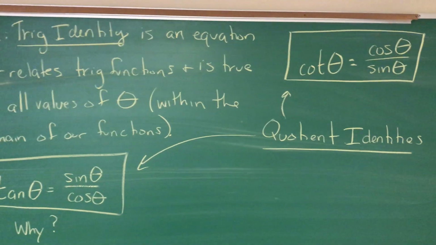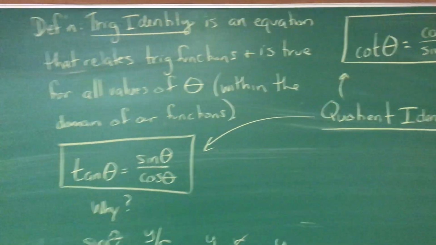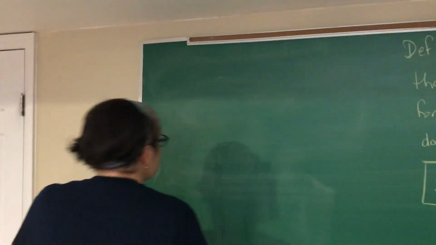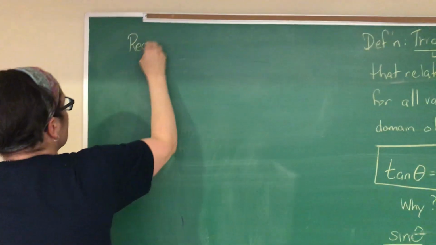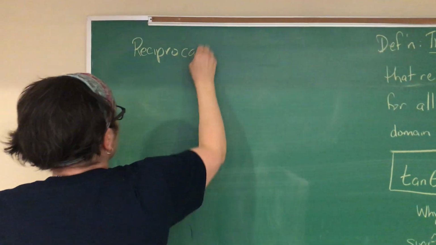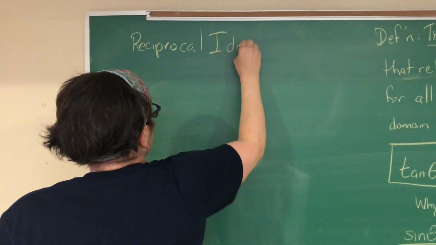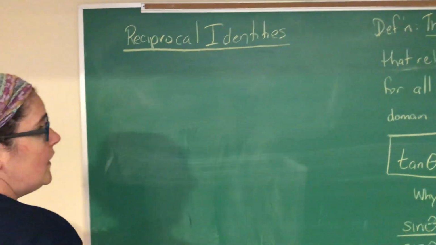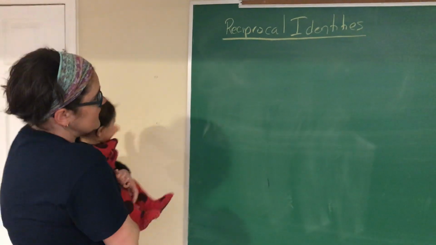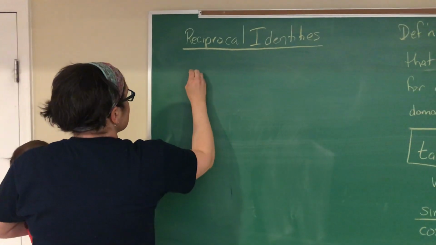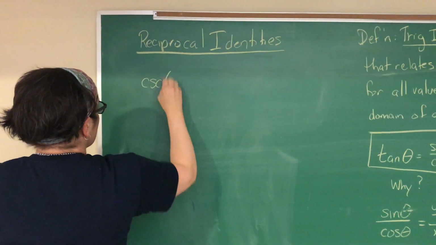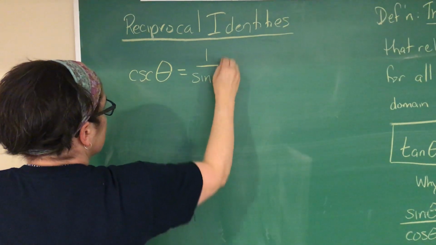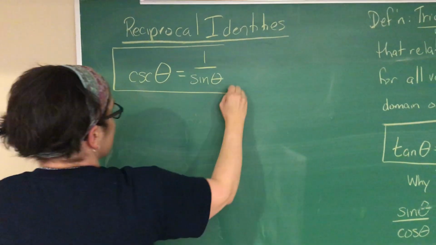There are a couple of other identities that I want to talk about today. Along with the quotient identities are a collection of identities called reciprocal identities. And the first reciprocal identity is an identity that says that cosecant of theta is equal to 1 over sine theta.